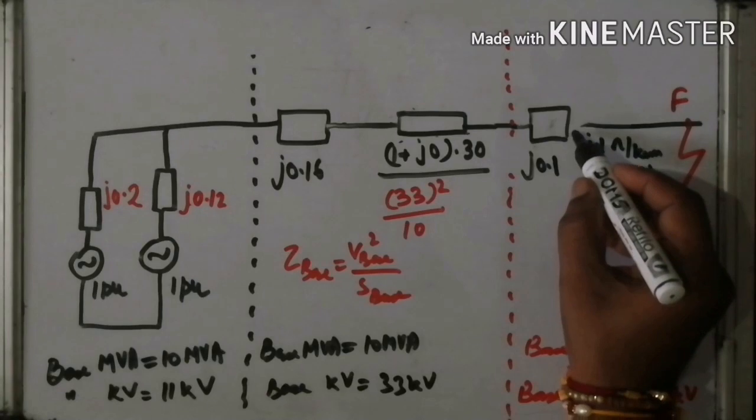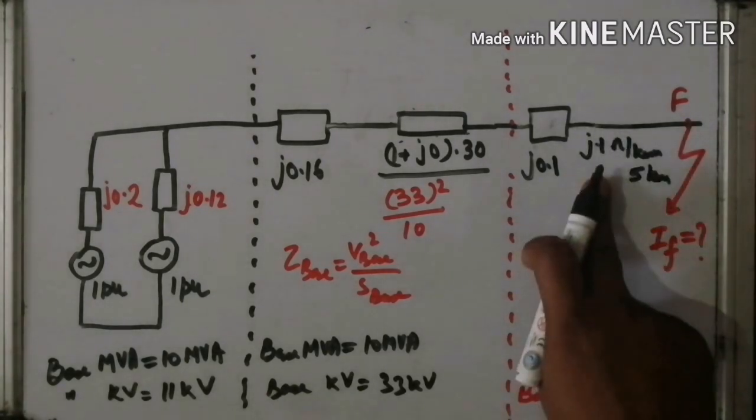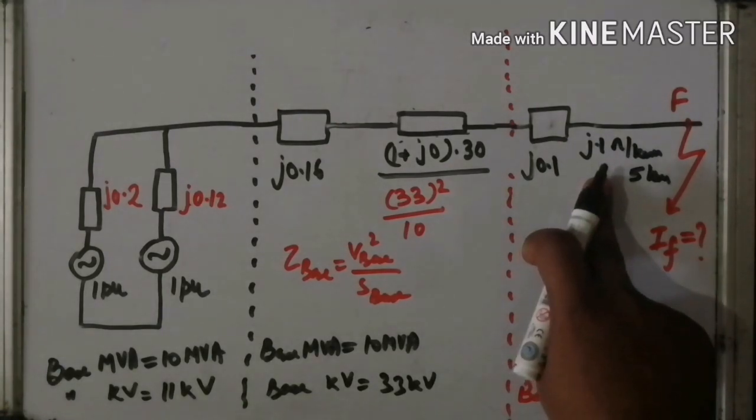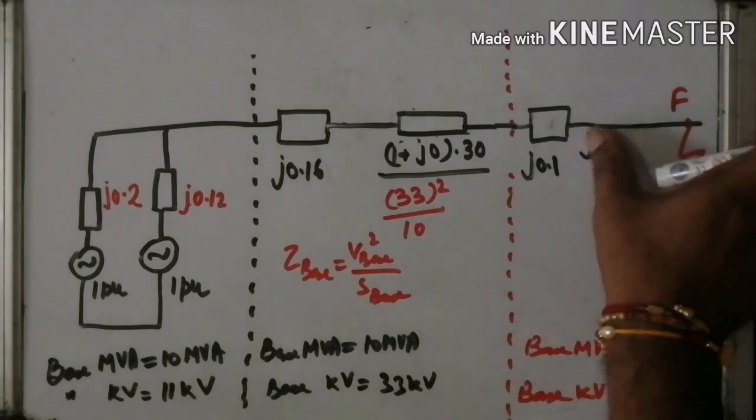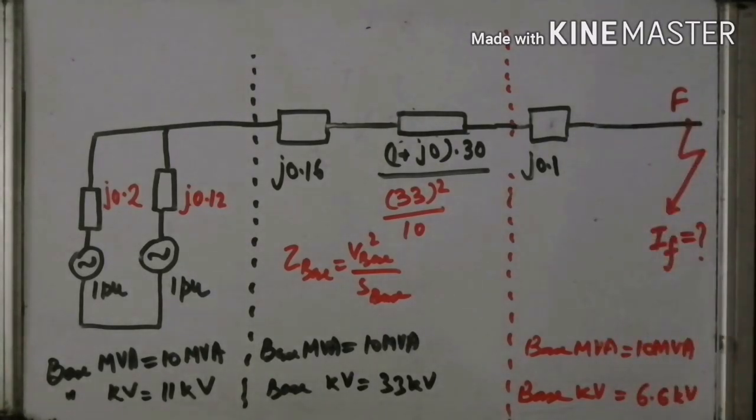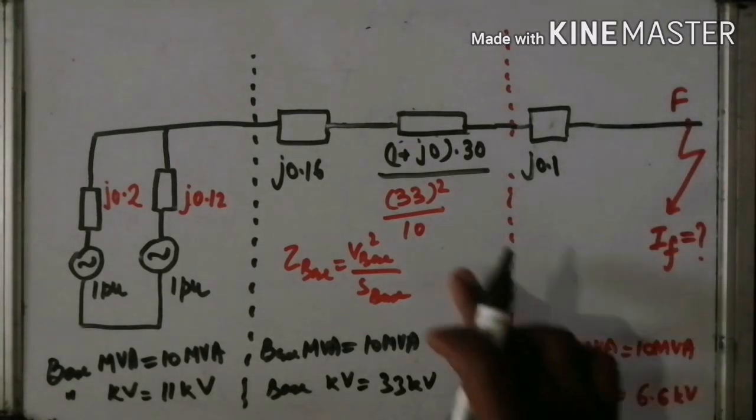After that there is a transmission line. This one is the impedance, that is J1 ohm per kilometer, and its length is 5 kilometer. Okay, once again I am going to convert it by the same method.